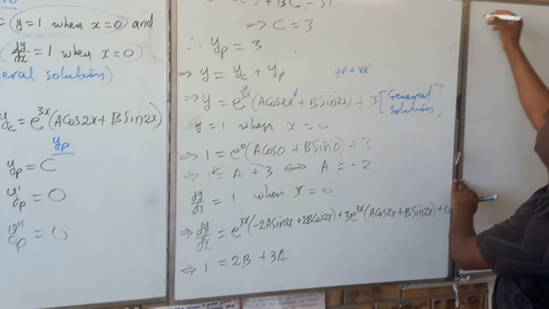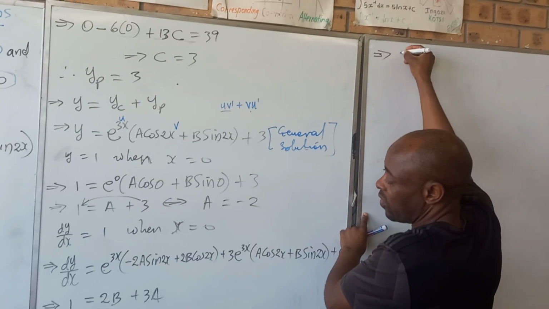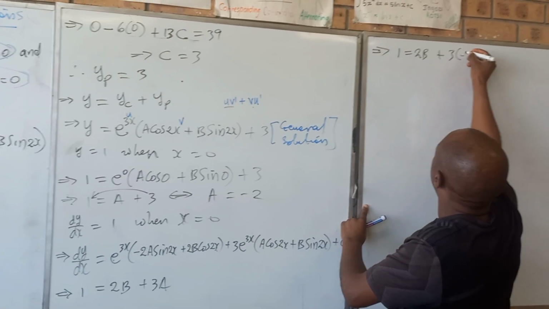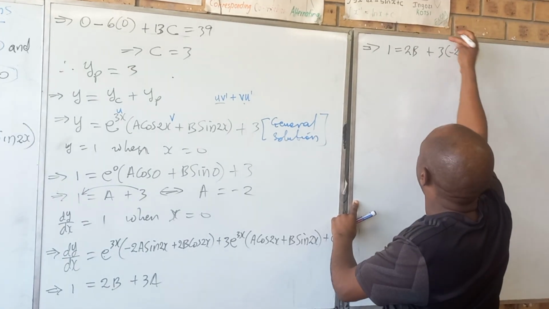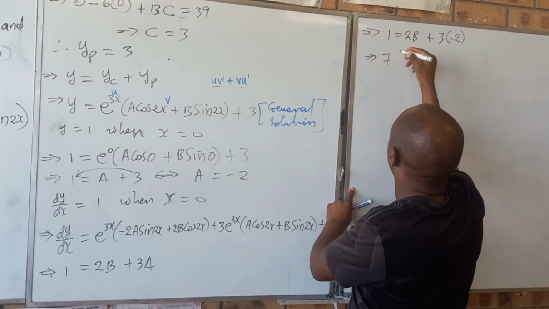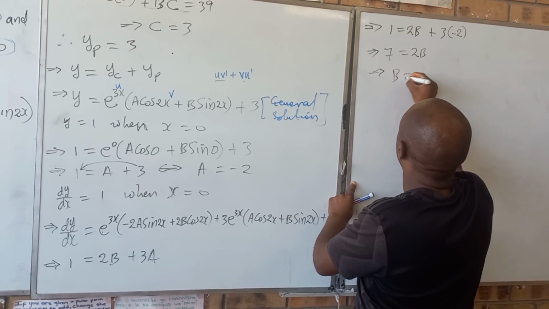So continue with that equation, remember that our a is negative 2, so this means we have got 1 is equal to 2b plus 3 into negative 2, so this becomes a 6, which crosses there as plus 6, so we get 7, 6 plus 1 is 7 is equal to 2b, and that tells us that b is equal to 7 over 2.